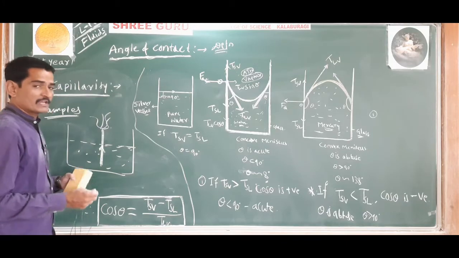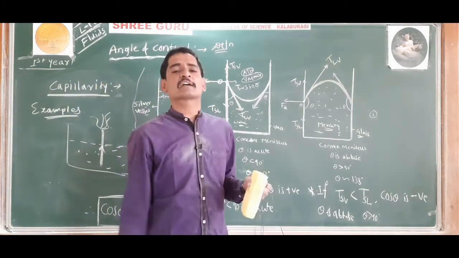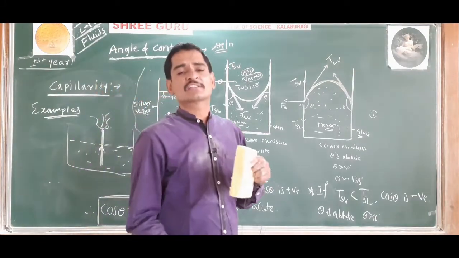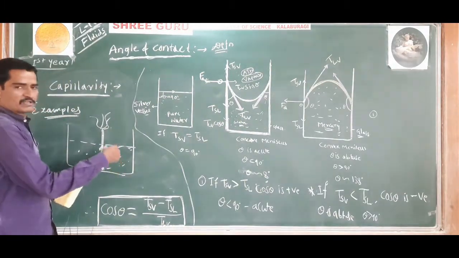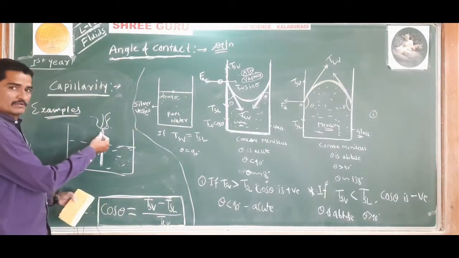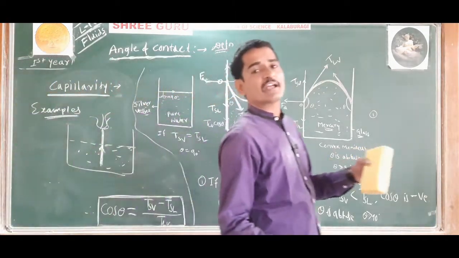See here, an object cannot move on itself against the gravity. An object or a mass cannot move against the gravity, but here the oil or the water or sap, if you take, it is rising against the gravity.